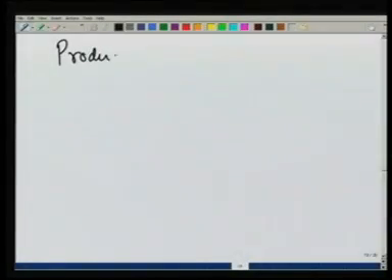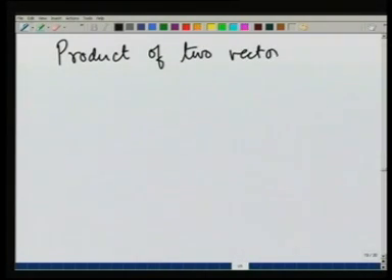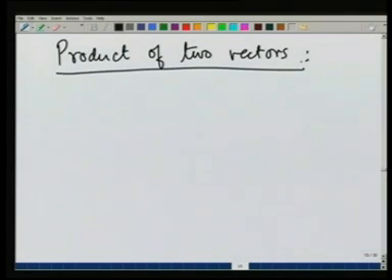Next, we ask, can we define product of two vectors? The answer is yes, but before doing that, I will take a slight digression, and now we will go into vector algebra, representing them by numbers and in a different way algebraically.